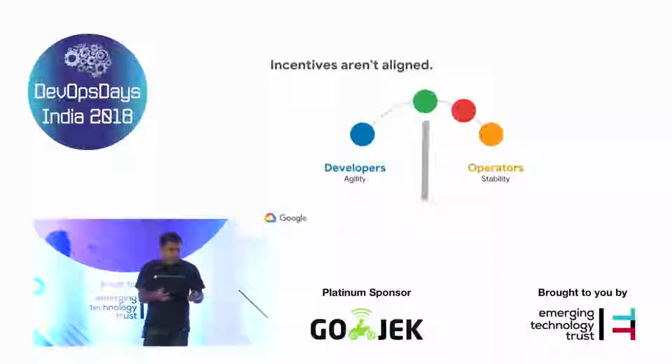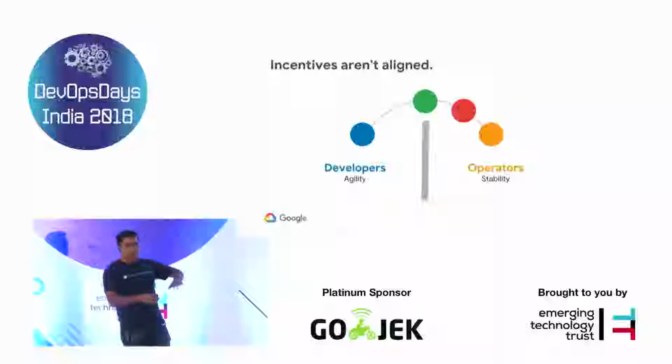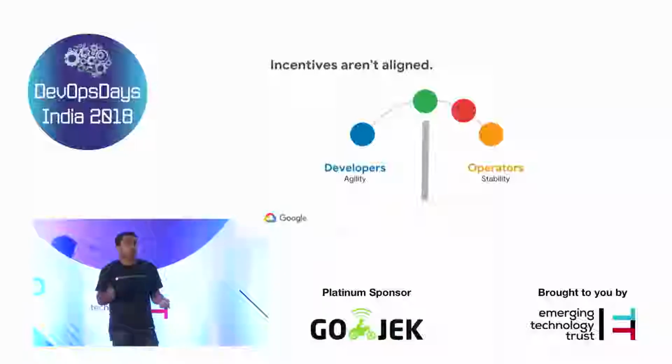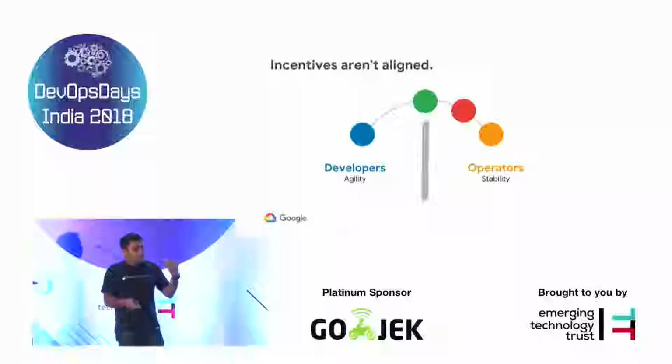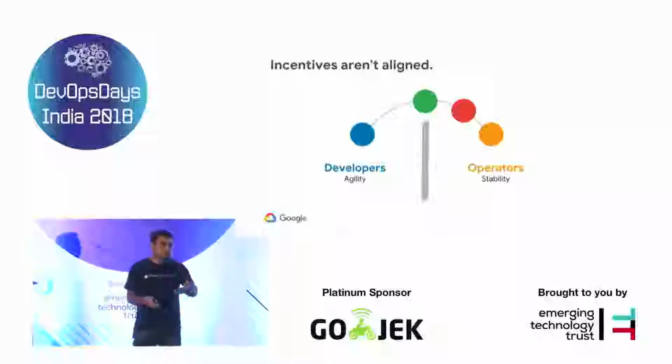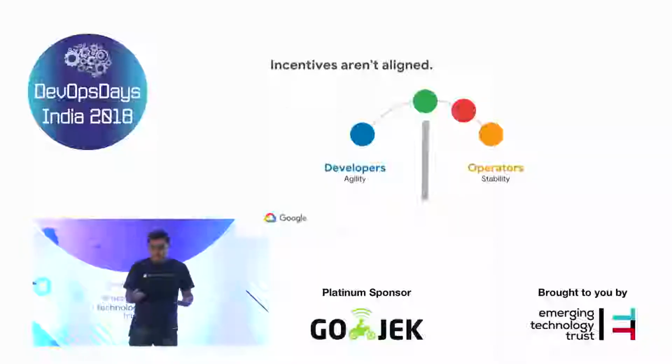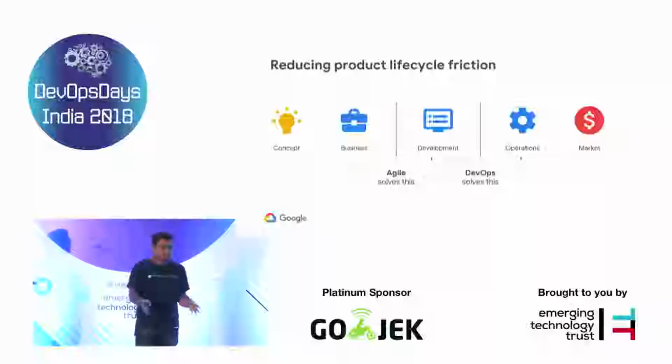This model is not really scalable because it creates a lot of friction. The operations team's primary task is to make sure that the overall system is healthy. Plus, they also need to make sure that the new features and functionalities coming to the system are well aligned as well. So, as I said, a lot of friction comes in.